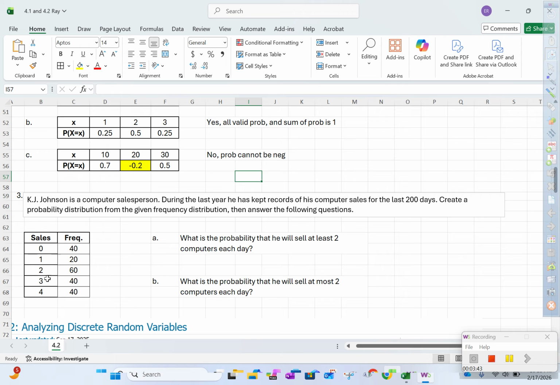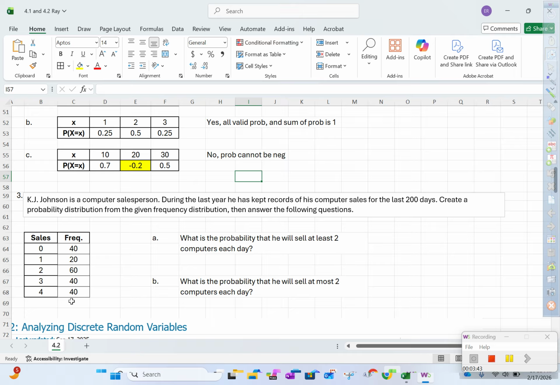But another way we can calculate a probability is using empirical data, which is just a fancy way to say we'll use the relative frequencies to define our probability. So here they give us a frequency table saying there were 40 days that had 0 sales, 20 days that had 1 sale, 60 days with 2 sales, and so on.